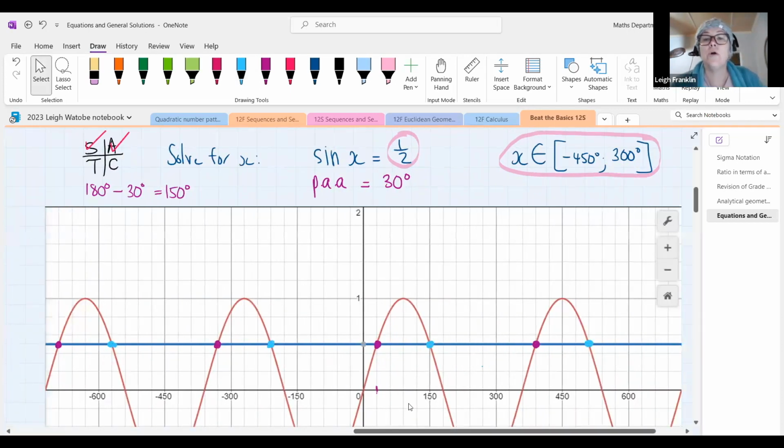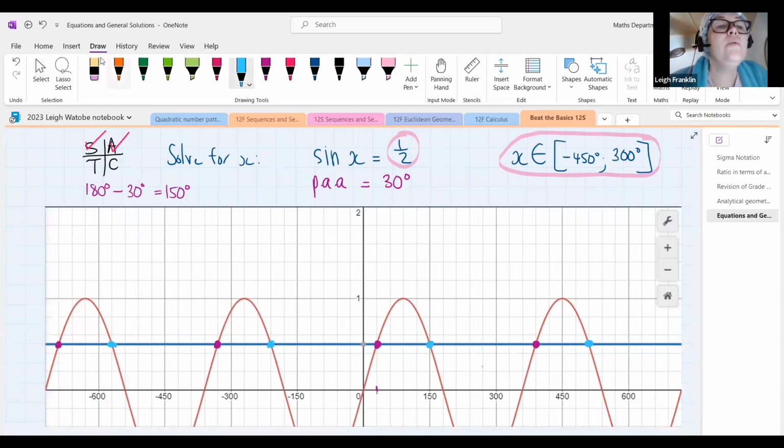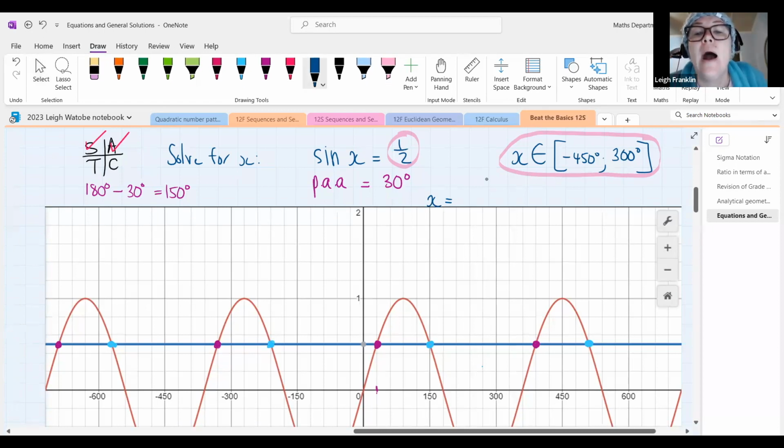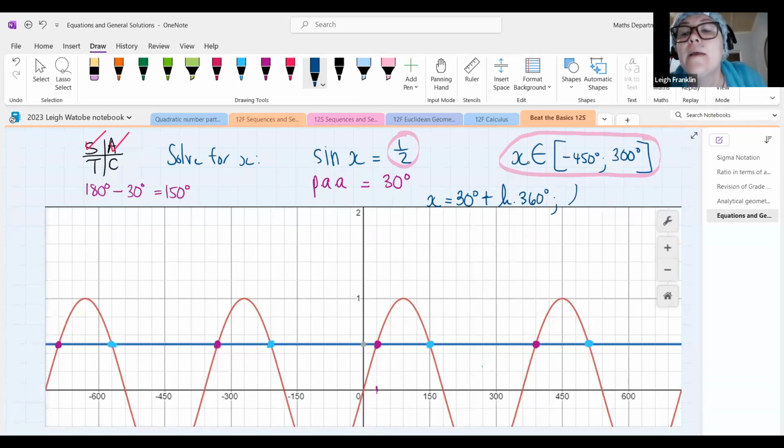So now we would find our general solution. We would come along after we've calculated what our PAA is. We would then write x, our angle, is equal to, in the first quadrant, our PAA of 30 plus k times 360, where k is an element of the integers.